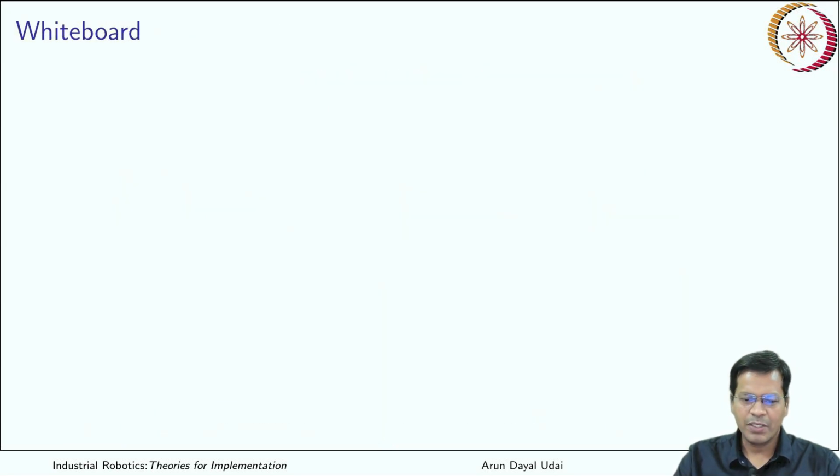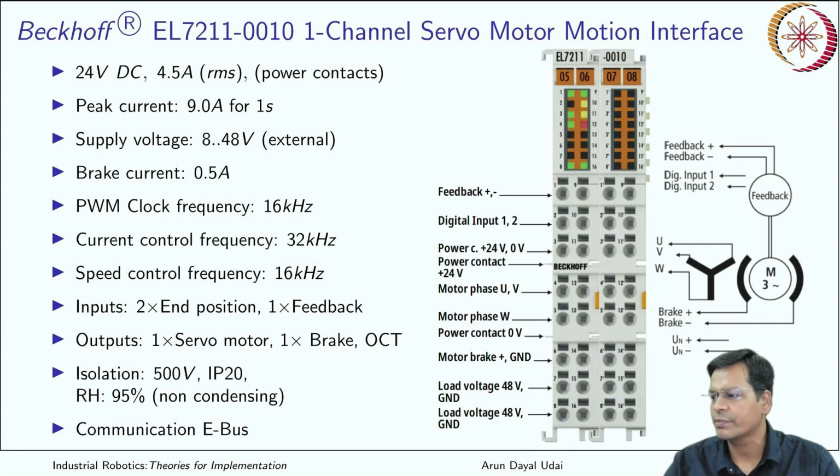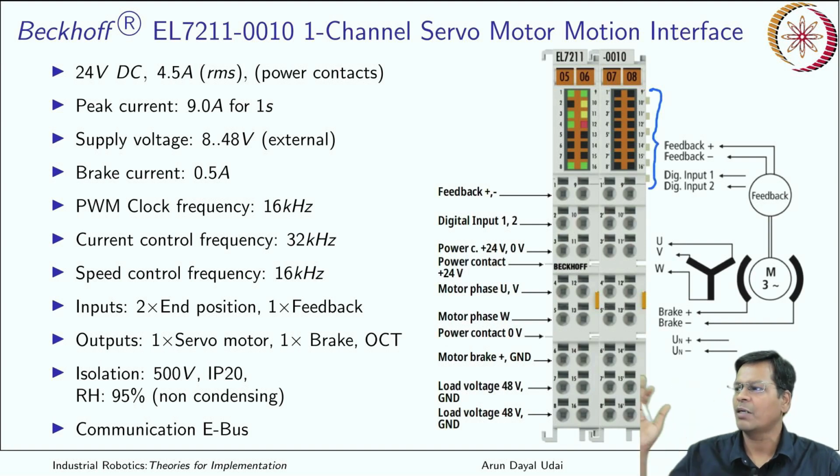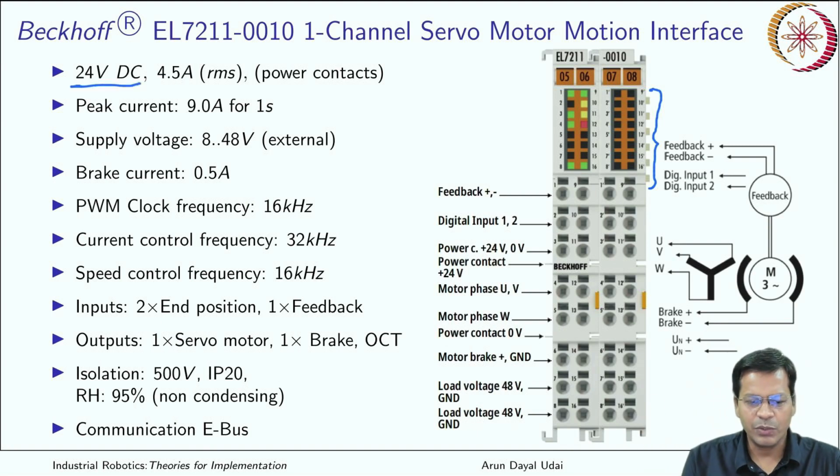This is one such controller which takes care of everything. It can take input directly through the E-bus system, which is where you can feed in the signal, connected in a bus fashion as you have seen earlier. This can run using a 24 volt DC signal.